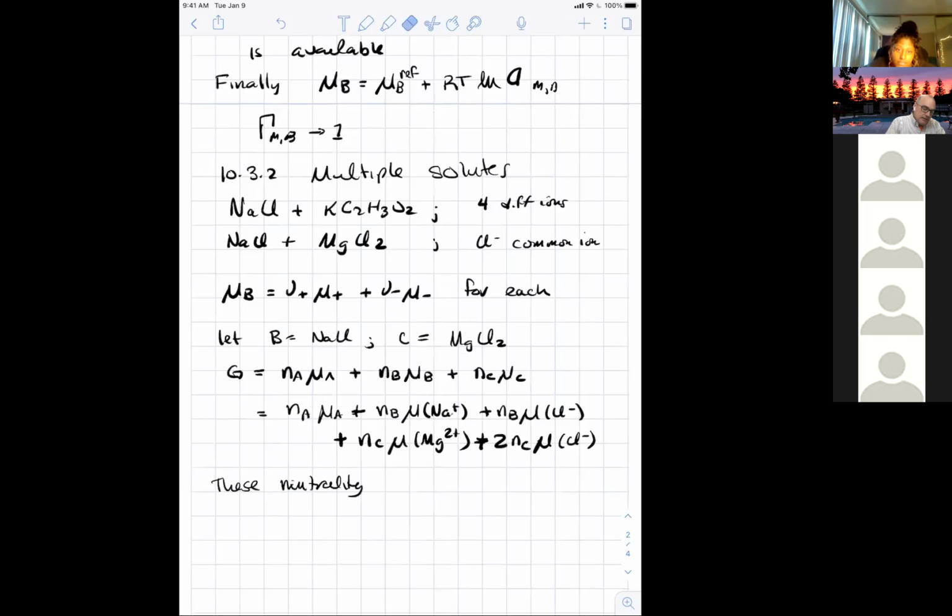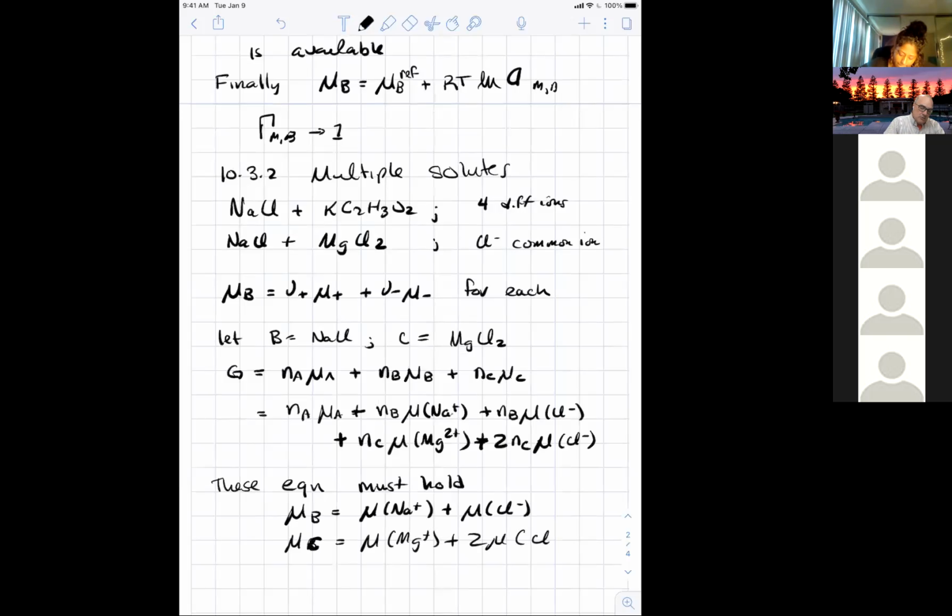These aren't exactly neutrality equations, but we also have these equations within each solute, right? The chemical potential of the B solute must be the chemical potential of the sodium plus the chemical potential of a chloride, and the chemical potential of the C solute must be the chemical potential of the magnesium plus 2 times the chemical potential of the chloride.